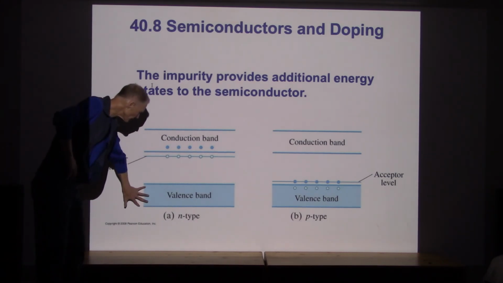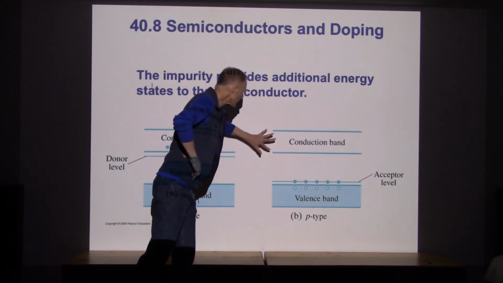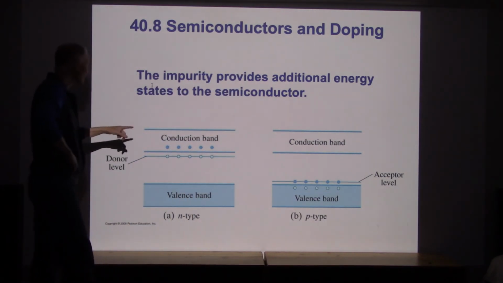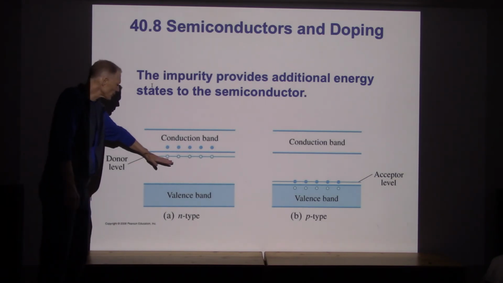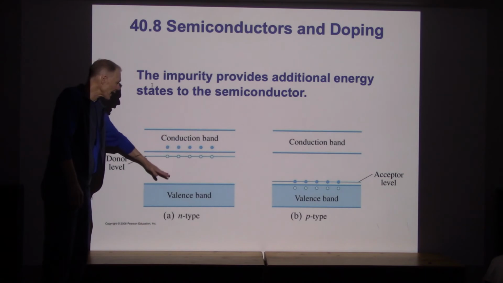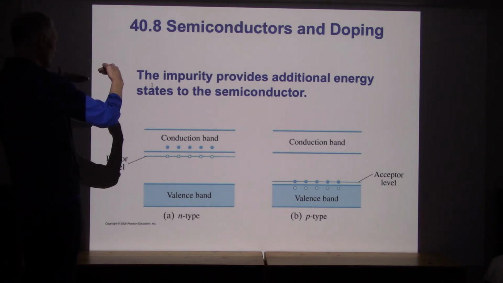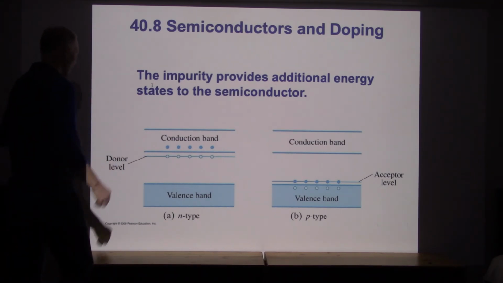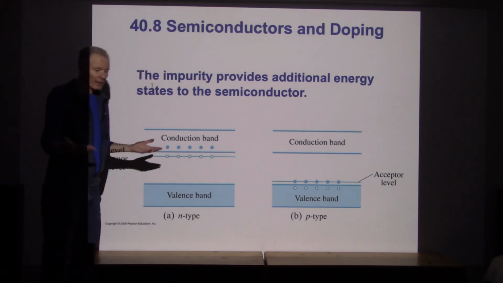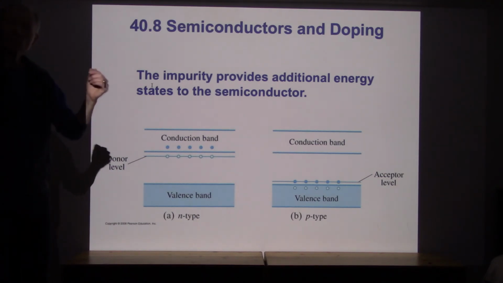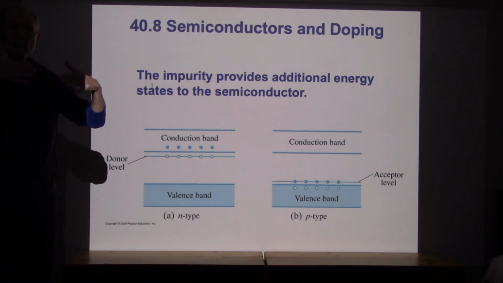So in pure silicon, we had the valence band here, we had a conduction band here, valence band here, conduction band here. But when we added in, in this case we put the arsenic in there, what we did is we generated a new set of quantum states within the gap. Now, what happens is we created a set of quantum states just below the conduction band, and we brought electrons to fill them. Since the valence band is already completely filled, those additional electrons brought in with the arsenic have to go into the new set of quantum states.